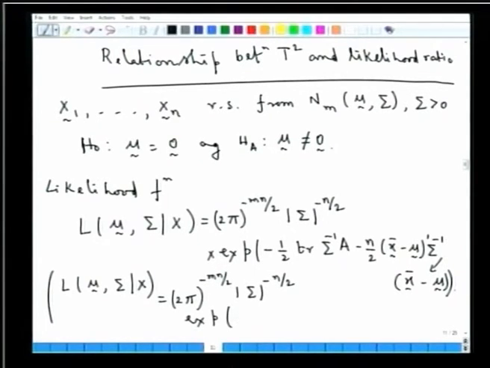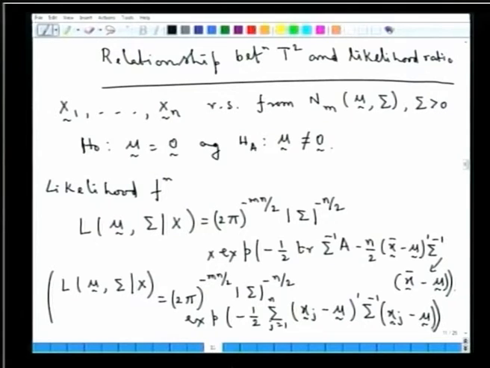in the exponent, what we have to start with is minus half summation j equal to 1 to n (xj minus mu) transpose sigma inverse (xj minus mu).